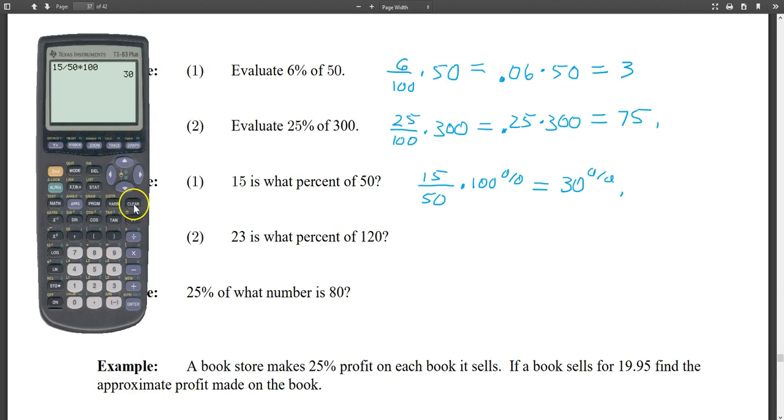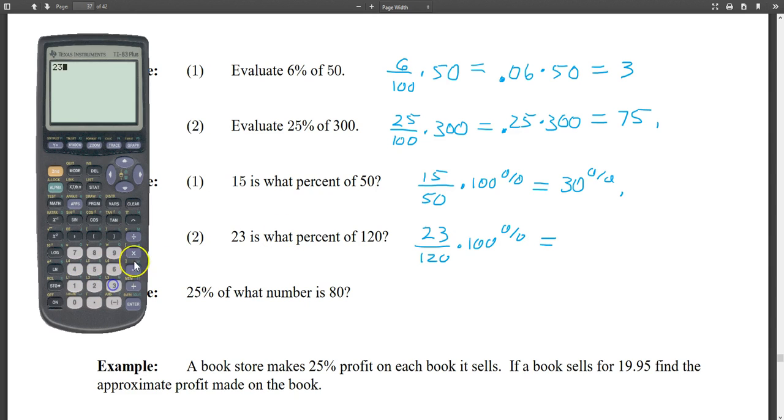Let's take a look at this one. 23 is what percent of 120? Why don't you try that one? So that would be 23 over 120 times 100%. And let's do that on our calculator.